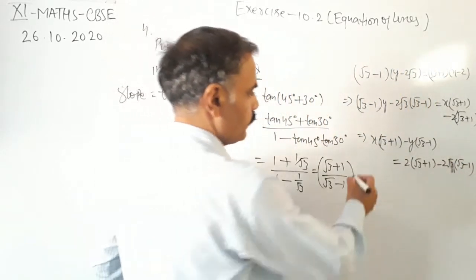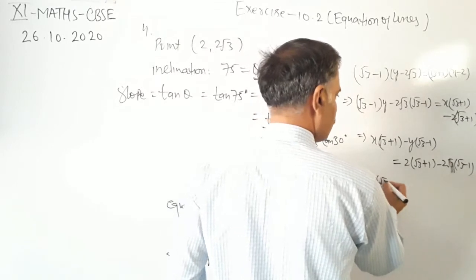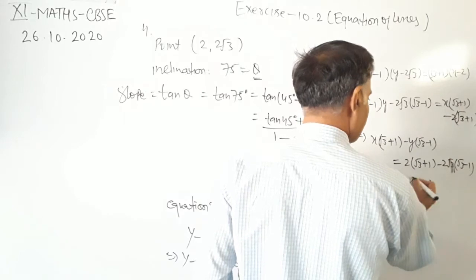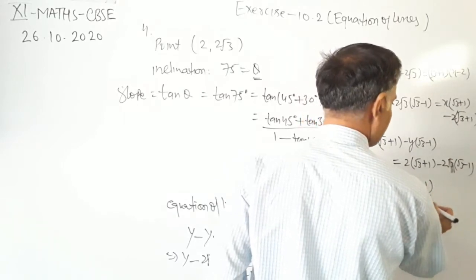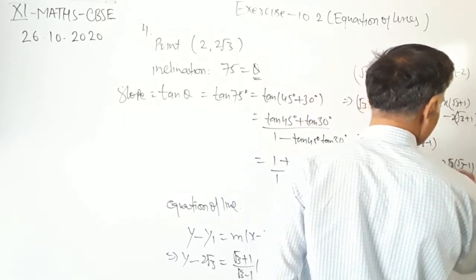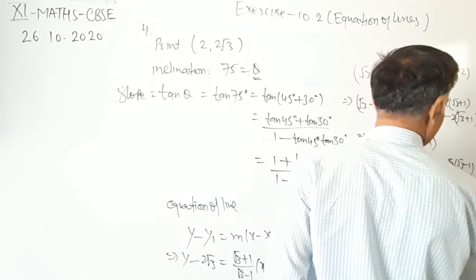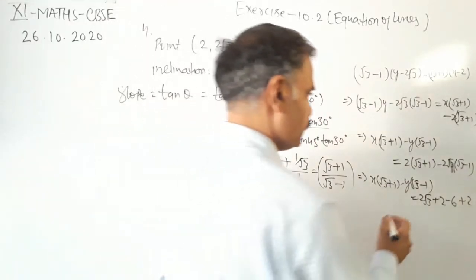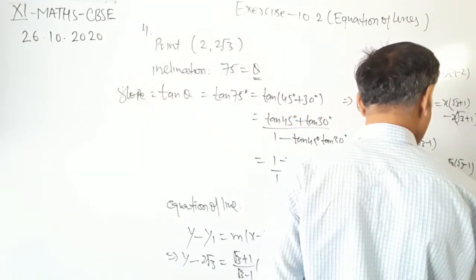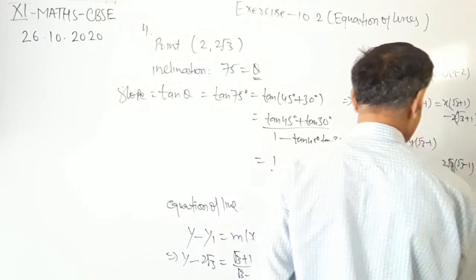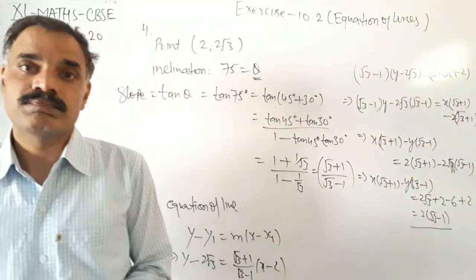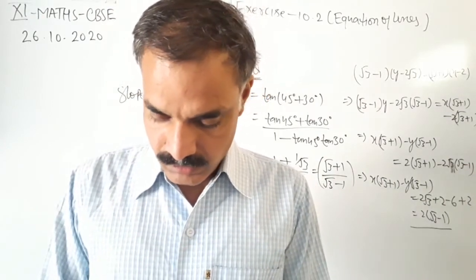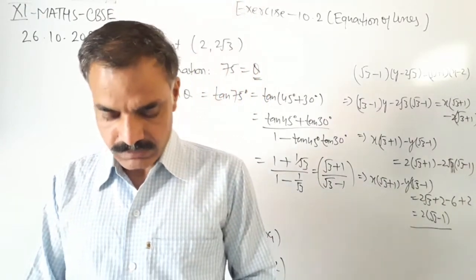After solving we have x into under root 3 plus 1 minus y into under root 3 minus 1 is equals to 2 under root 3 plus 2 minus 6 plus 2 under root 3, that is 2 into under root 3 minus 1. This is the equation of the line in question number 4.